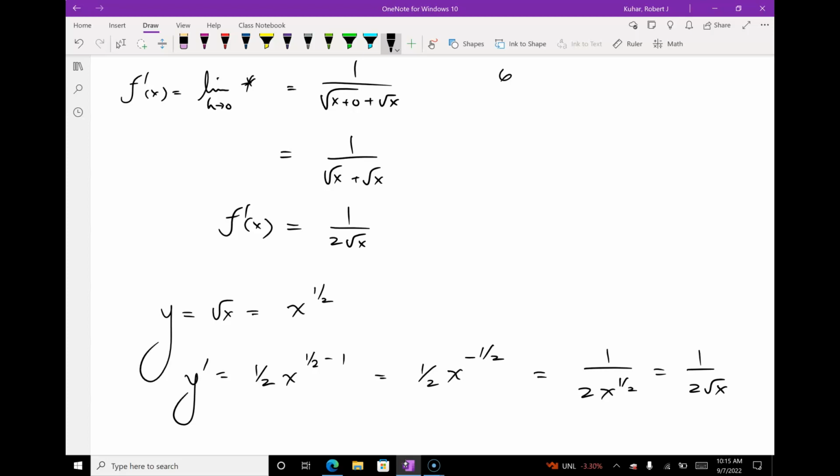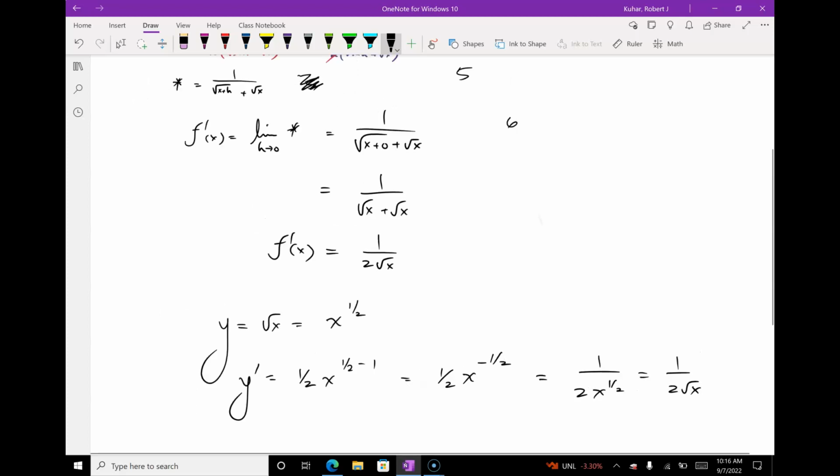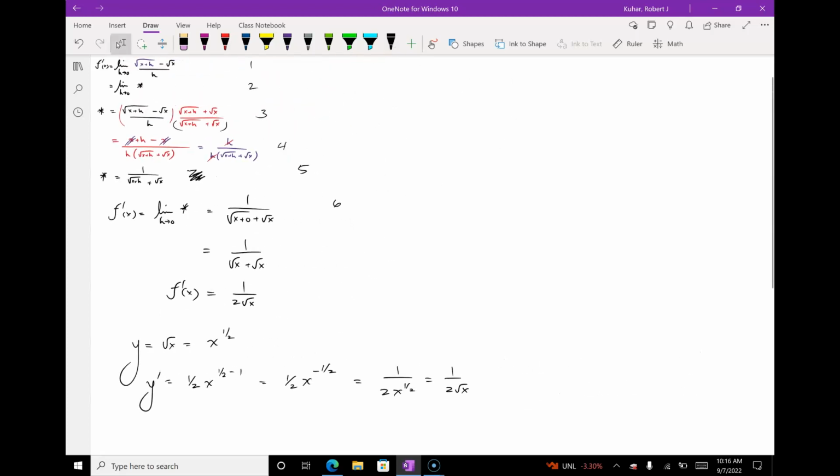Why did I do square root of x plus h? Because that's the definition. Remember, I've got 2 points, right? So think about this. Here's my square root function.